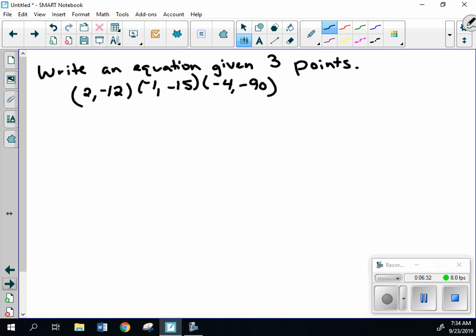When looking at this, it looks a little scary at first, but it's really not that bad. I say it's not that bad because you set this up in matrix form.